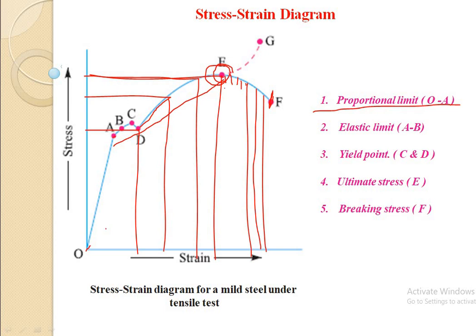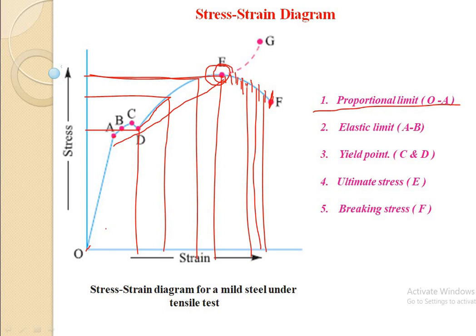Now from point E onwards, the component can break at a small load, because point E is the ultimate stress, and at point E the specimen will have a minimum cross-sectional area.